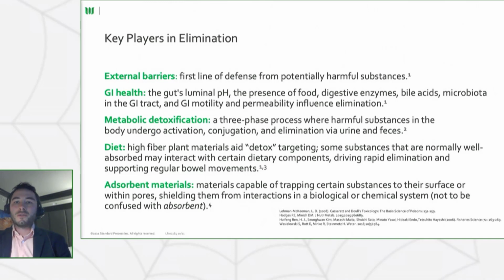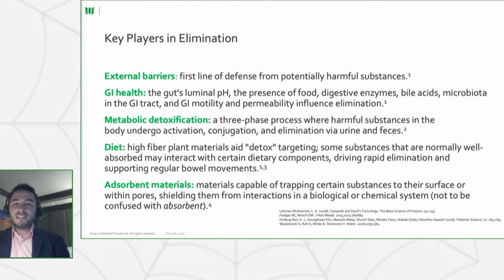So those high fiber plants, they aid in helping with elimination and bowel movements, but also there are some materials that really do drive some of these activities by interacting with the potentially problematic substances that are also consumed. Then we have another class of things. They fall more into that supplement category as adsorbent materials. And this is not to be confused with absorbent.